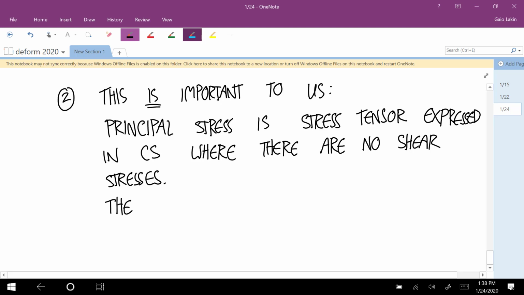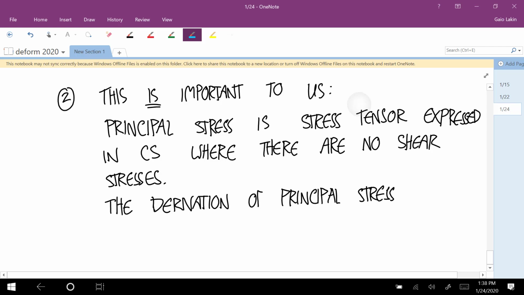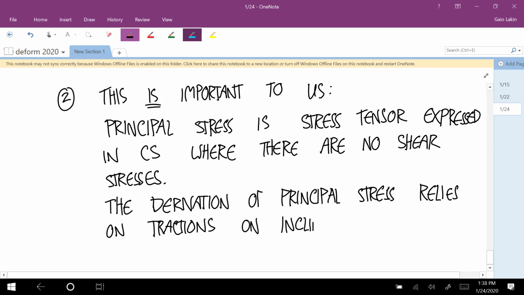The derivation of the principal stress relies on finding those tractions on inclined faces. Okay, so this is the one that's going to matter for us in this class.